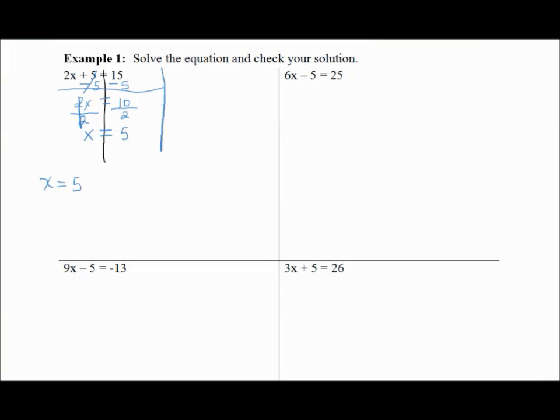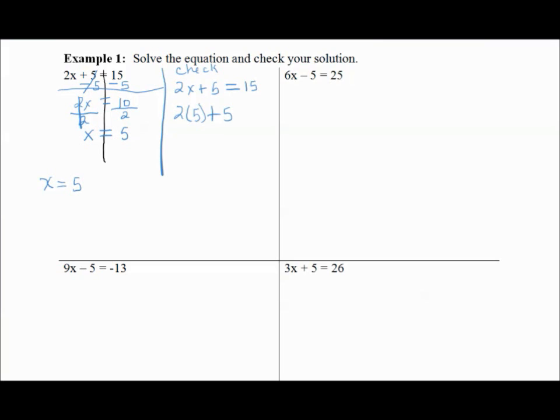Now I do want to check my answer. So the original equation was 2x plus 5 equals 15. Now, if 5 is the correct answer, if I replace this x with 5 and work it out, I should get 15.